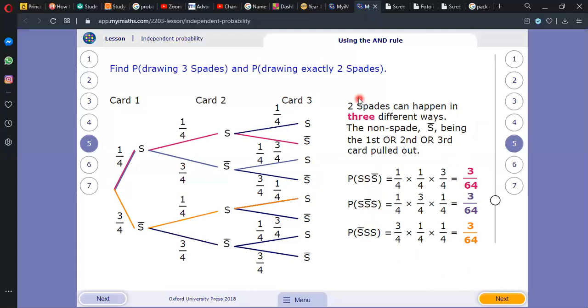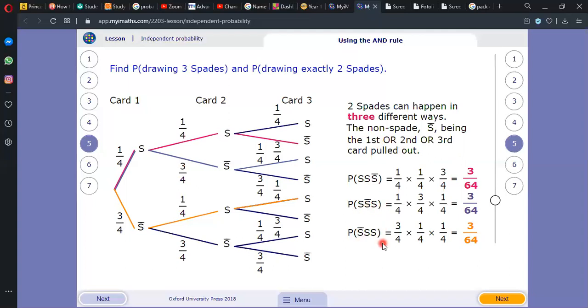Now, 2 spades can happen in 3 different ways. The non-spade being the first, or the non-spade being the second, or the non-spade being the third. And that's what I've done here. The non-spade is the third here, the non-spade is the second here, the non-spade is the first here, while the remaining 2 should be spades.